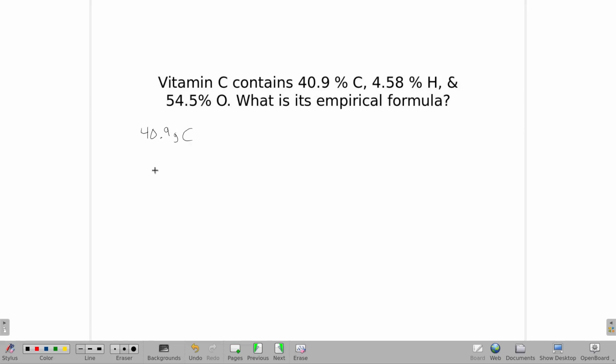So I'm immediately converting those into masses. Just as I write them down, I'm just dropping the percent, putting mass there.